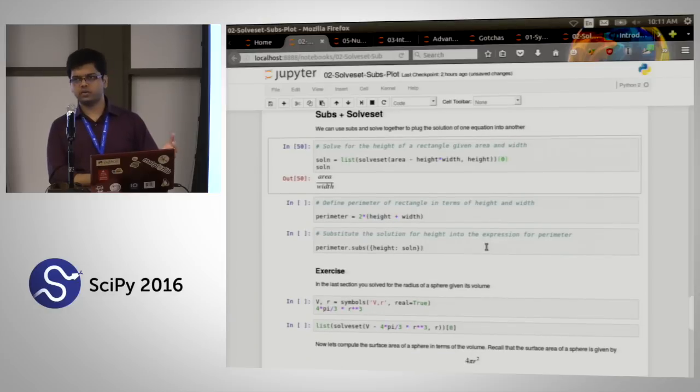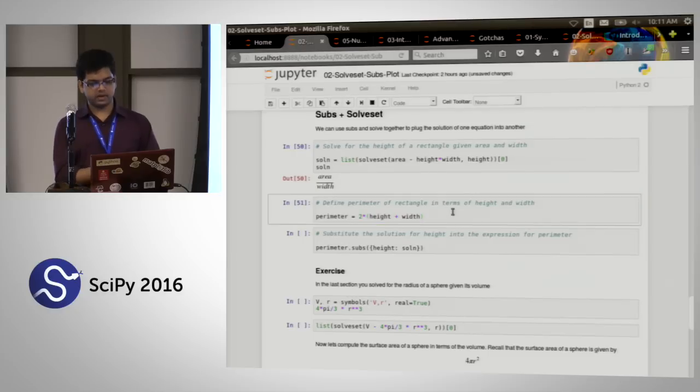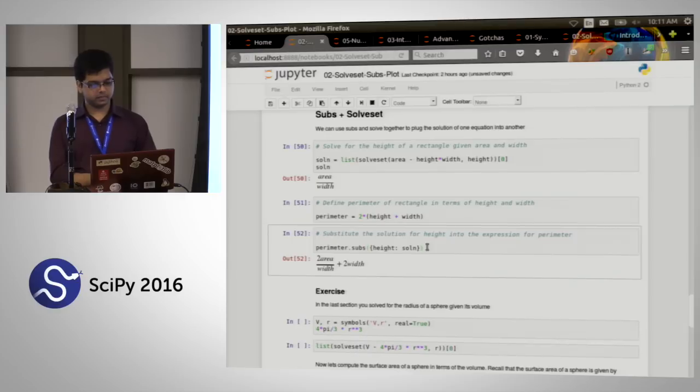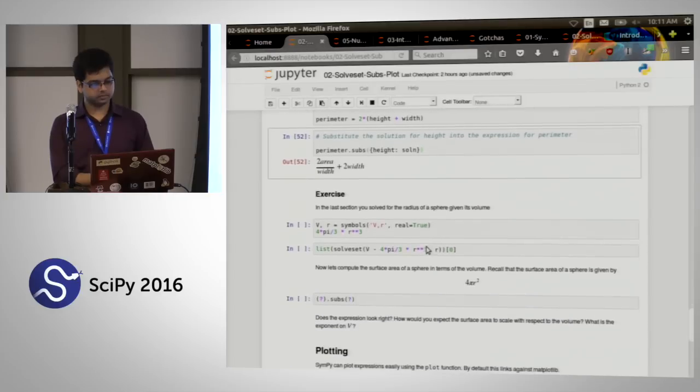So we have solved the equation, got the solution item, then we can define a parameter, and if we try to substitute the expression of height in the perimeter, we get this expression. So yeah.